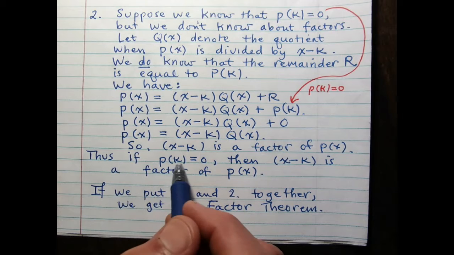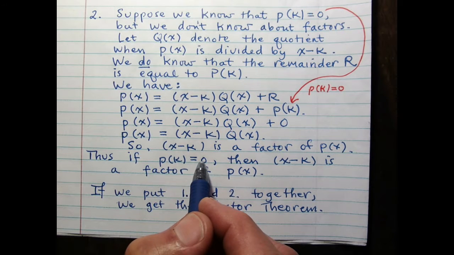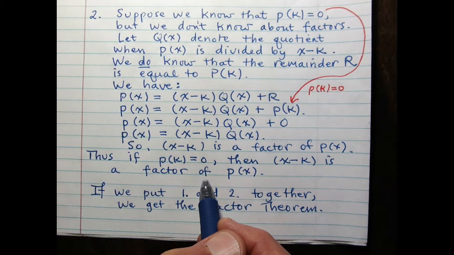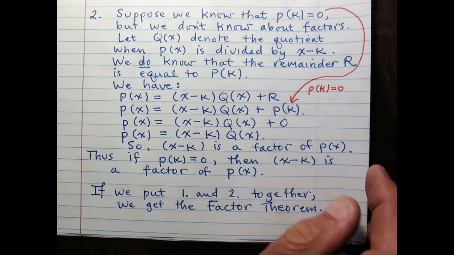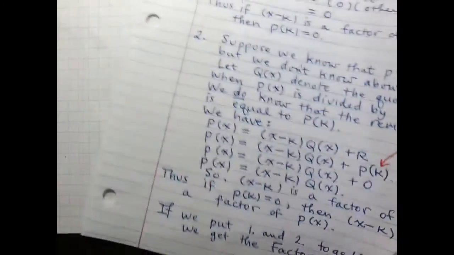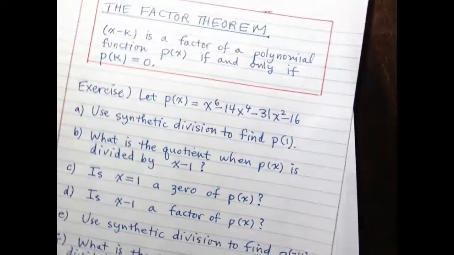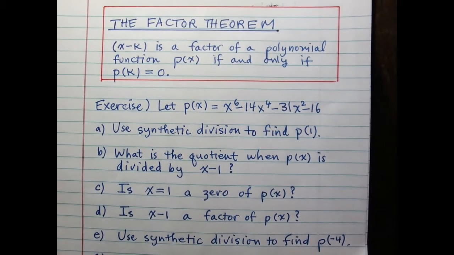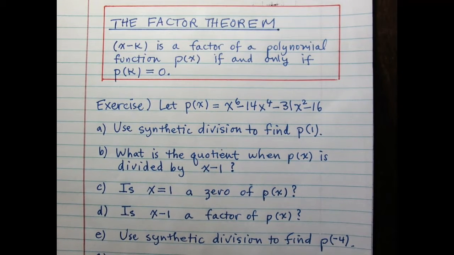So if we know that p of k is 0, it turns out that x minus k has to be a factor. And if we put part 1 and part 2 of this discussion together, we get something called the factor theorem. And here it is in its own little box. And it goes as follows.